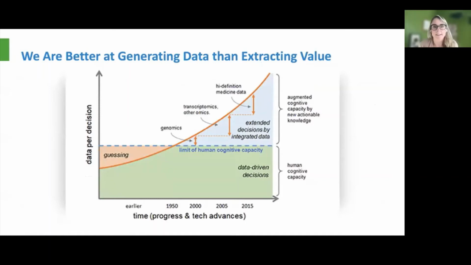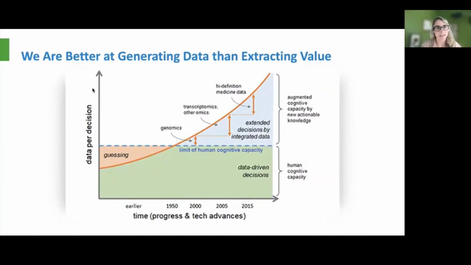And this is a figure from a review from Rossi and Griffintini titled Big Data, Challenge and Opportunity for Translational and Industrial Research. And really, it's just making the point that our ability to interpret this data has not caught up with this orange line here, which represents the amount of data that we are dealing with. Actually, I think they call it data per decision.